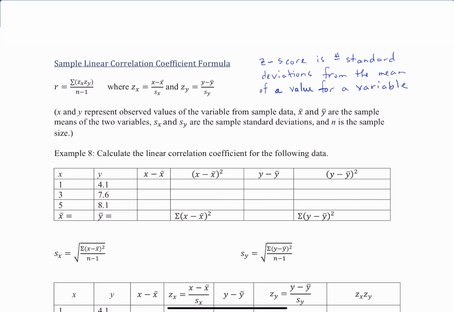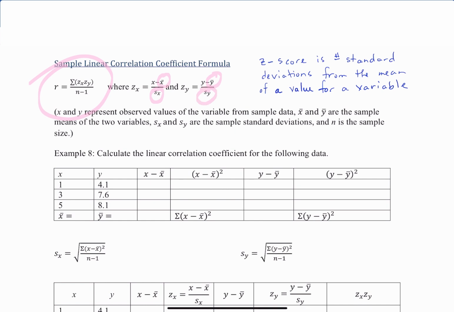So here we go. In our formula for R, we need to know the z-score for each of our x values and each of our y values. And to calculate the z-score, I need to know the mean of each of the variables, and I need to know the standard deviation of each of the variables. So that's where I'm going to start.